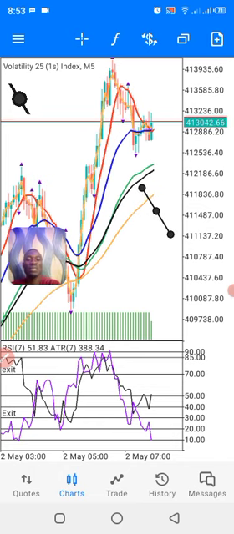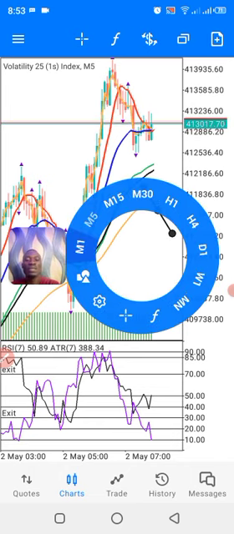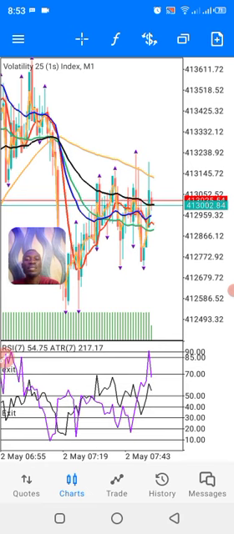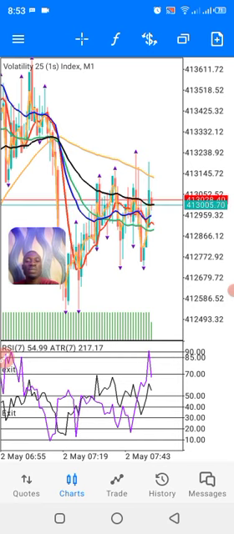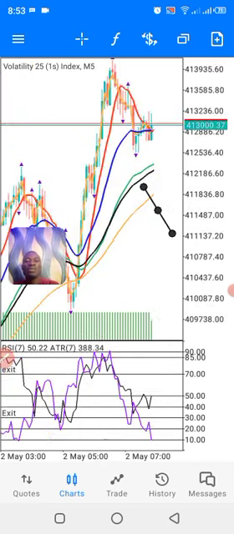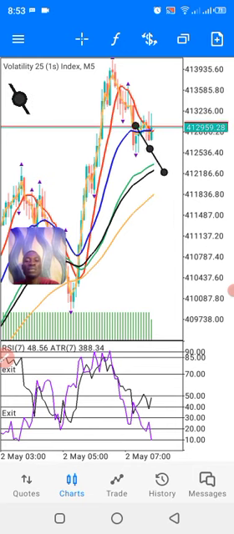If you go to my lower time frame, see how it's forming. Though it has sold a bit on the lower time frame, it's still ranging, because it's at a confluence point here.